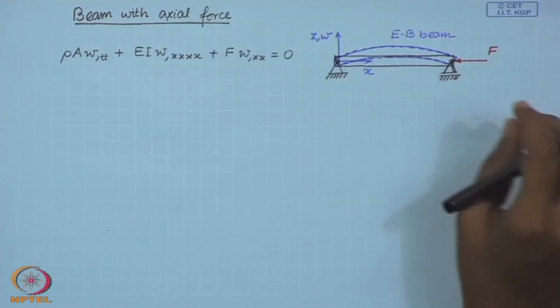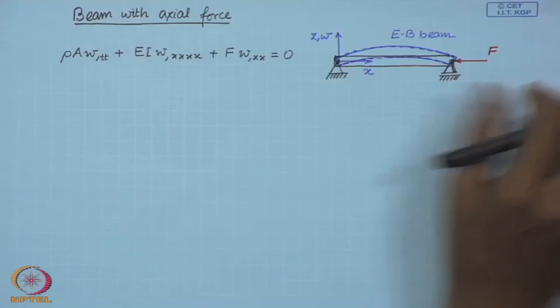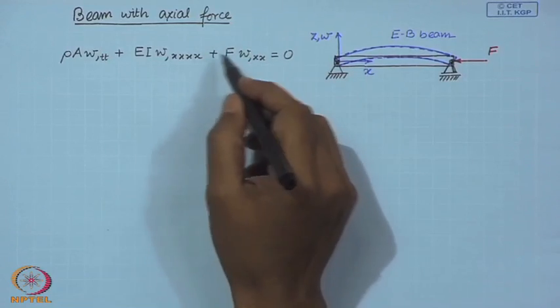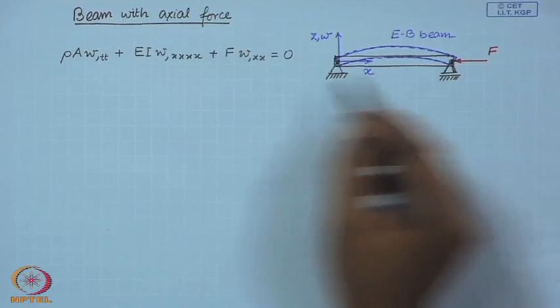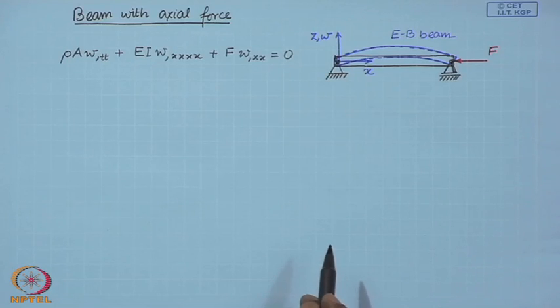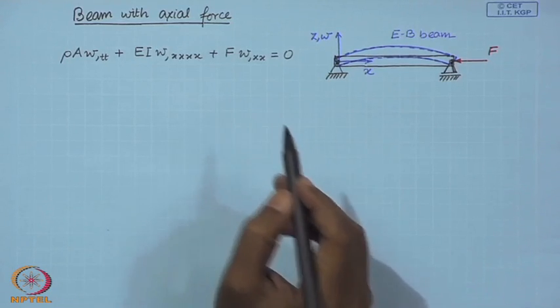In the case of strings, for example, the force is tensile, so this is with a negative sign. Now it is compressive. So, this is the term because of the axial force.